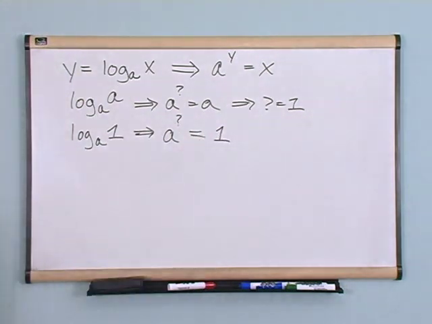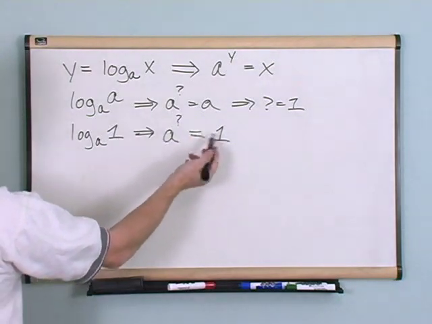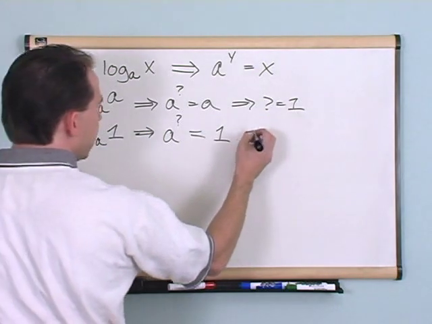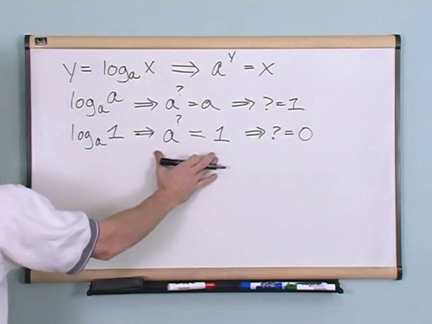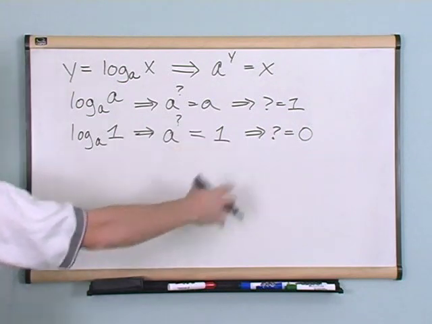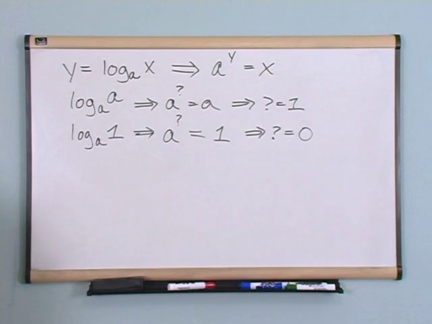And that's how you figure out what this logarithm is going to equal. Well, a is just some number. Raised to what power will give you 1? Well, anything raised to the 0 power gives you 1. So a to the 0 power gives you 1, so the answer to that would be 0. So if you type in 1 and take the logarithm in your calculator, you're going to get 0.